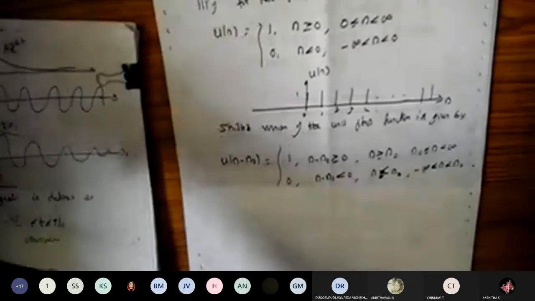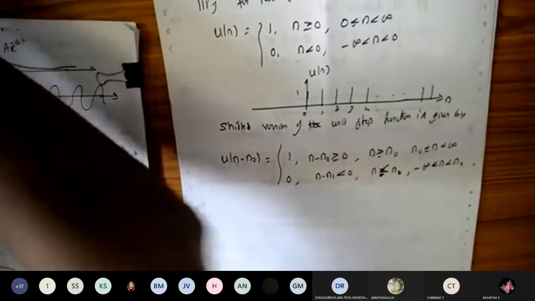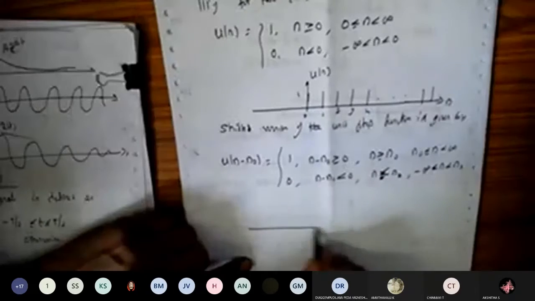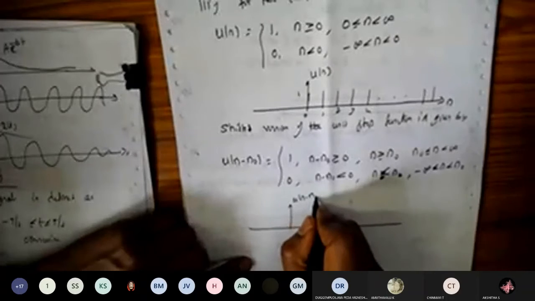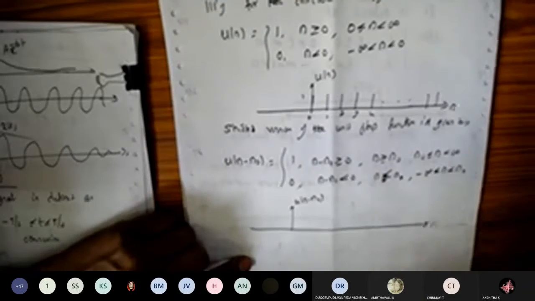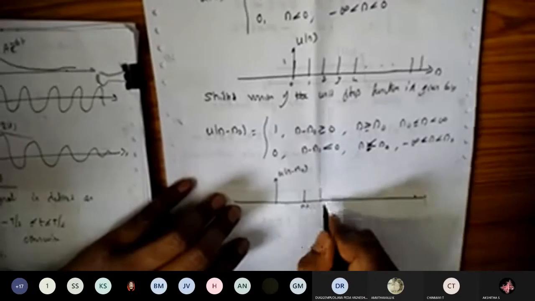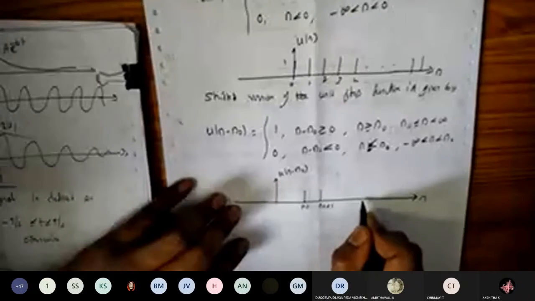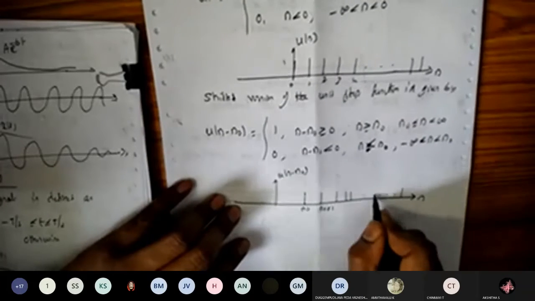So let us plot the waveform for n is equal to n naught onwards here. Okay, so from n is equal to n naught onwards, let us define this as u of n minus n naught. So this is n. Okay, so let us say this is nothing but n naught here. Okay, so this is n naught plus 1. So on the values it will take here up to the infinity.